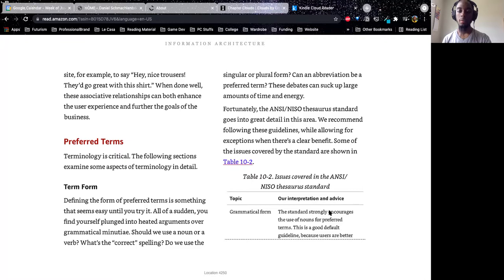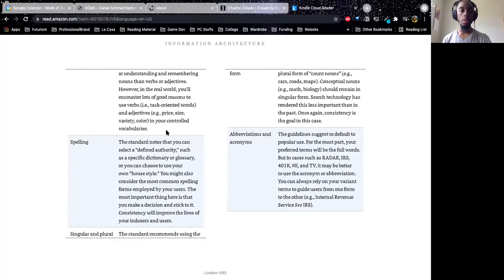Our interpretation and advice. It says the standard strongly encourages the use of nouns for preferred terms. This is a good default guideline because users are better at understanding and remembering nouns than verbs or adjectives. However, in the real world, you encounter lots of good reasons to use verbs, such as task-oriented words, and adjectives, examples price, size, variety, color, in your controlled vocabularies.